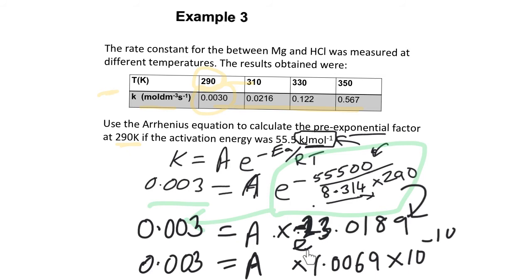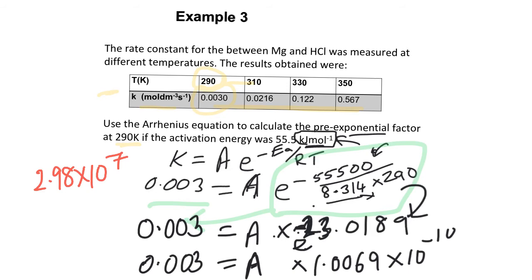The answer to that goes here, and that gives you this number, and then multiply that by A. So to solve for A, you need to divide that number by this, and if you do that, you would get this answer, which is 2.98 times 10 power 7.